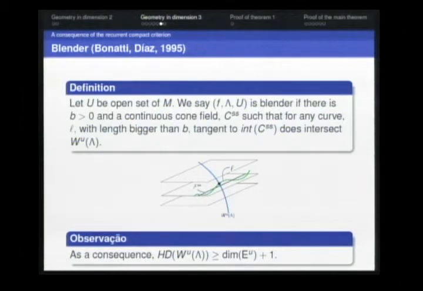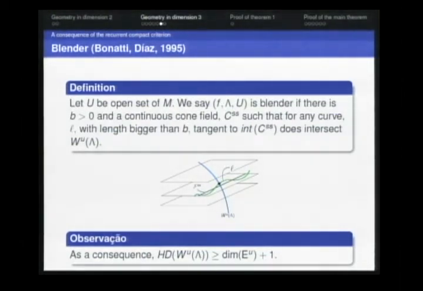And I would like first to give a motivation for the recurrent compact set, which is the geometric description of the horseshoe. The geometric description of the horseshoe is a consequence of the recurrent compact set criterion. This is a geometric description, a blender.